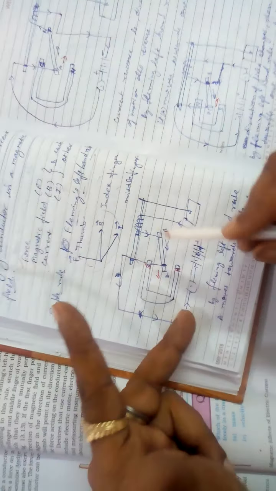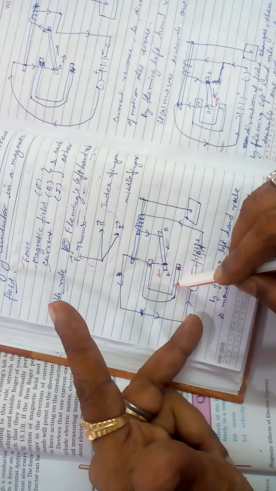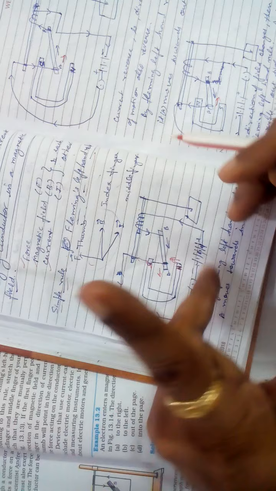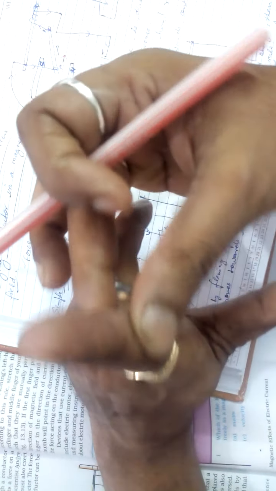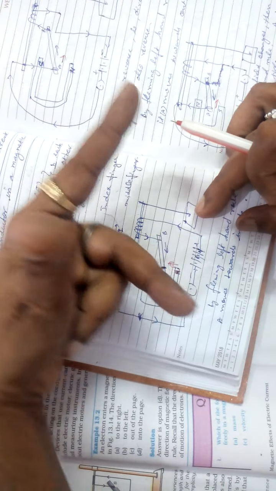Like in this experiment, there is a wire AB and current is coming from this side to this side and the magnetic field is in this direction. The magnetic field is in the up direction, as in the figure, and the current is in this direction. So what result will you get?